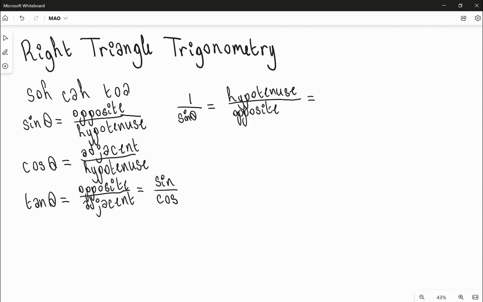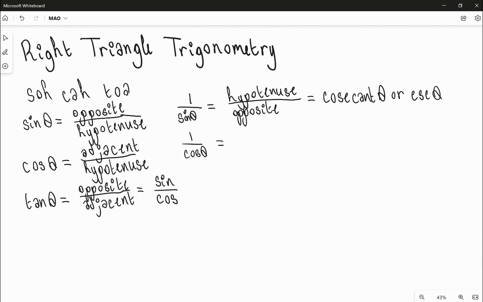And the formal name for that trig ratio is cosecant theta, written as CSC theta.